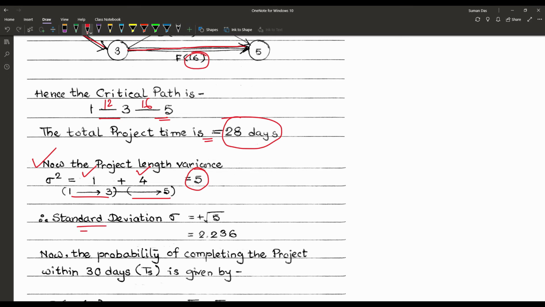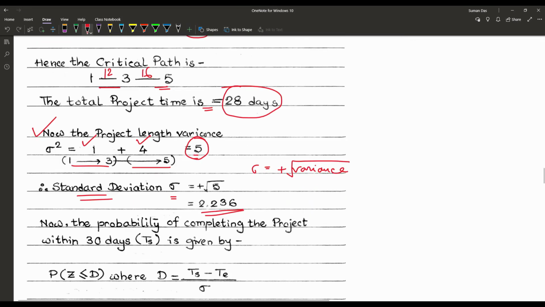The standard deviation sigma is the positive value of the square root of the variance, and the variance is 5. So we have the standard deviation, that is 2.236. So that is the critical path, and the critical activities are as usual 1 to 3 and 3 to 5. Next, the next problem.